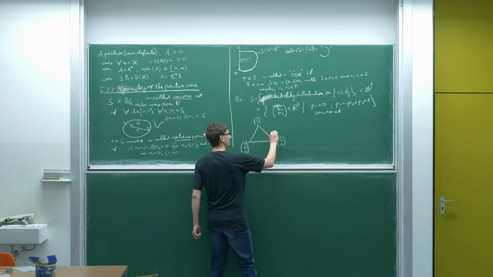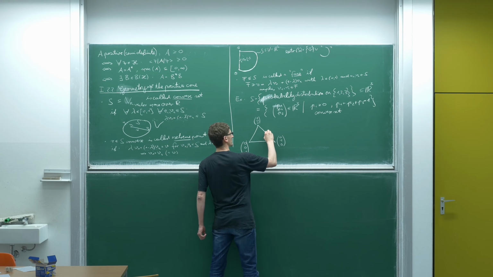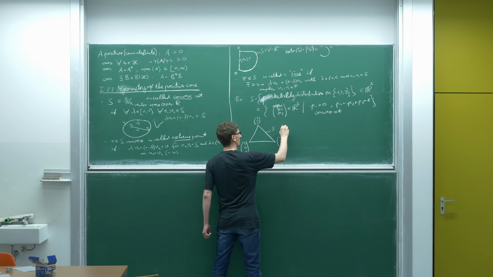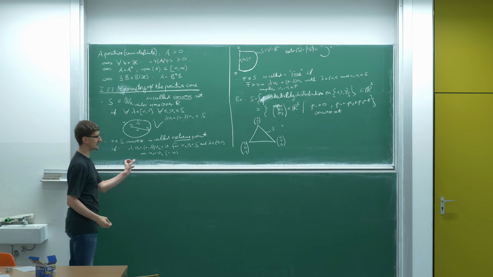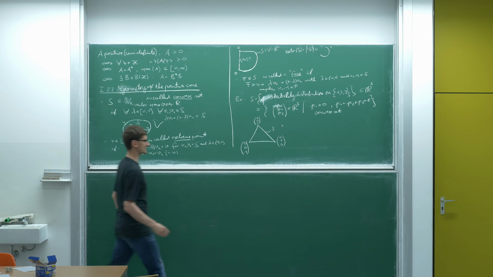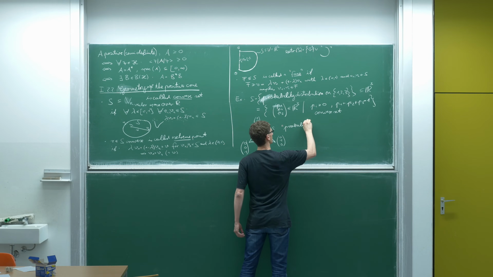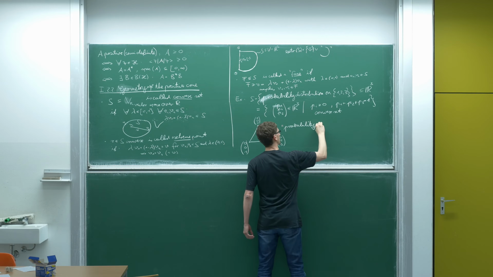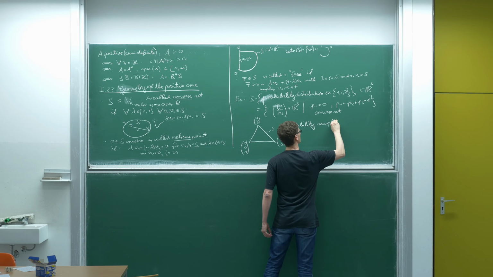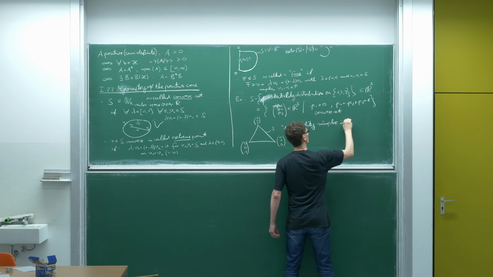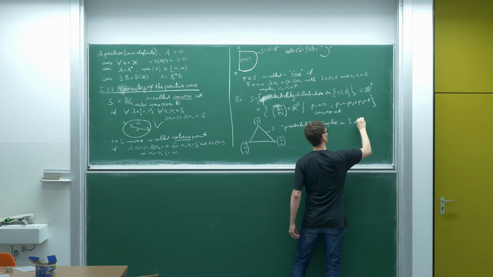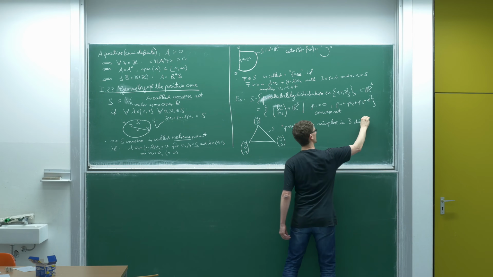So this is S, and that's also called the probability simplex in 3 dimensions.